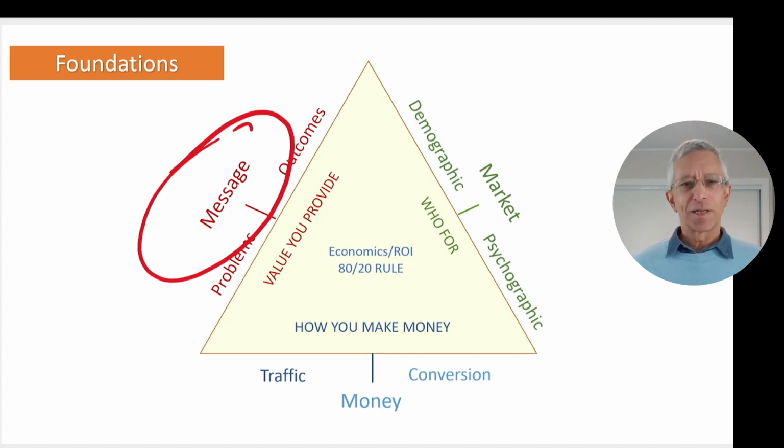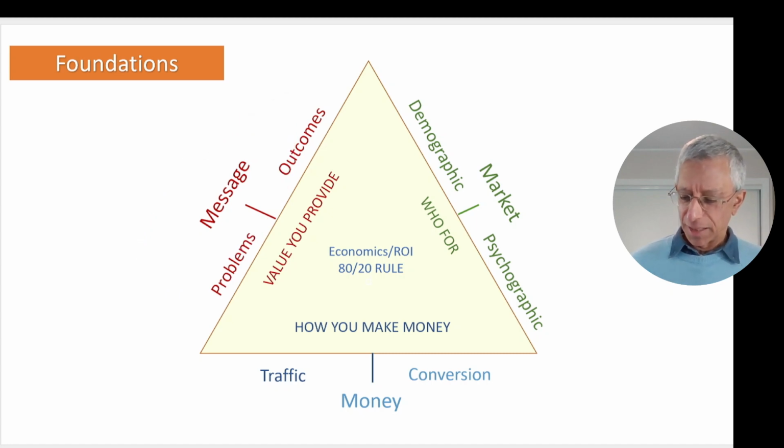And you need to understand what the problems are and the outcomes, the problems your clients are facing and the outcomes that they're looking for. And you have to really narrow this down so that you can be really specific and understand the priorities that any particular organization is likely to be having and what they're going to be looking for.